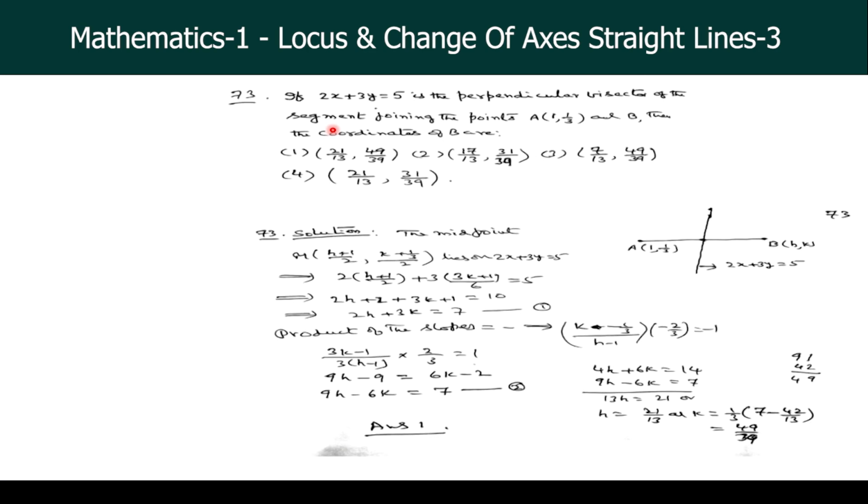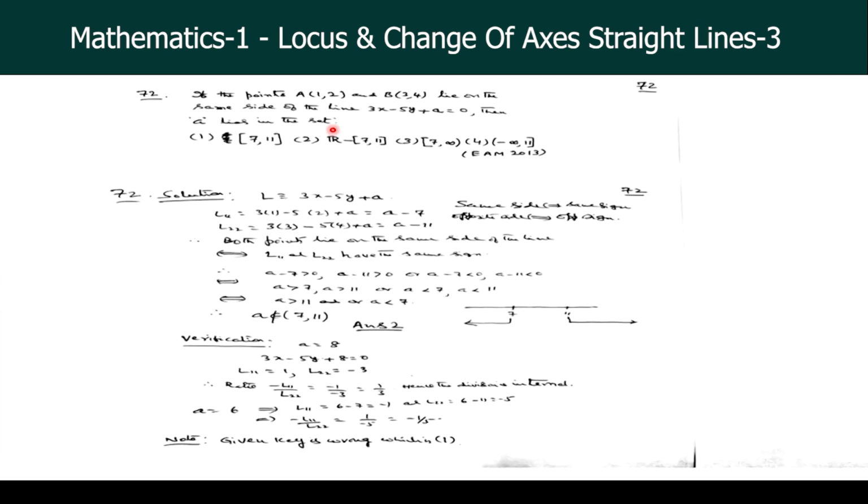If you want, you can verify by taking, suppose, A is equal to 8, because as per their answer, A lies between 7 and 11. So 8 lies between 7 and 11. If you take A is equal to 8, then you will get a positive ratio, which means opposite sides, the internal division.